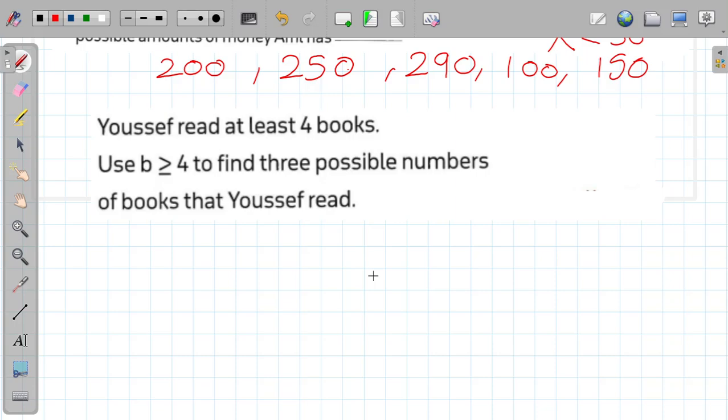Okay, first I am dealing with the set of integers because this is a number of books, and the number of books cannot be represented by a decimal number or a fraction.